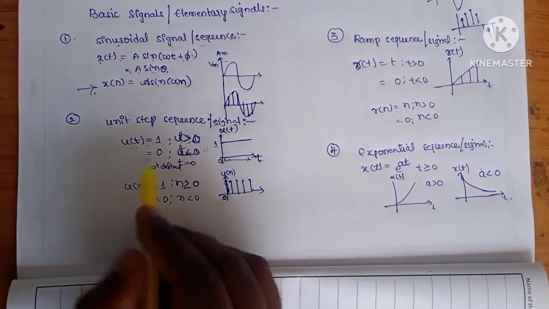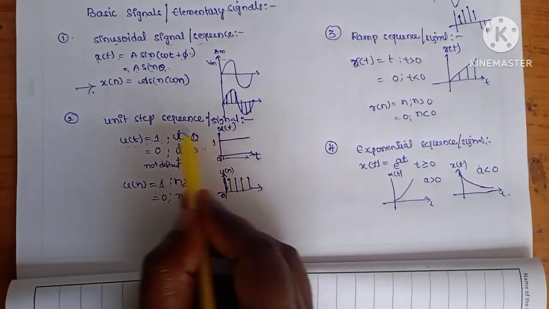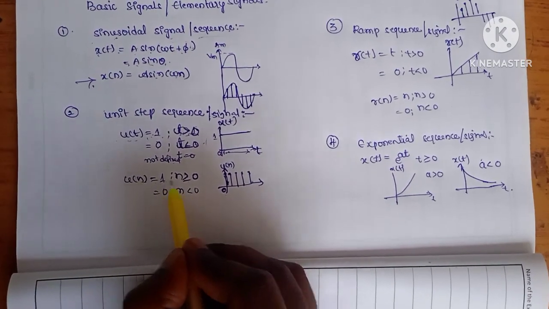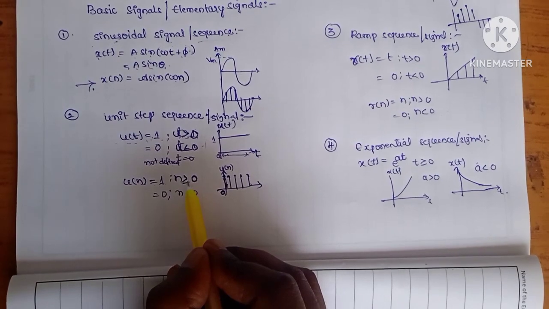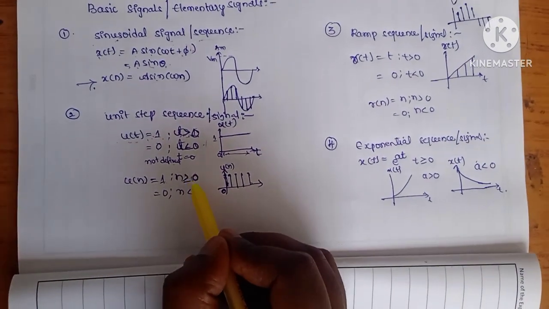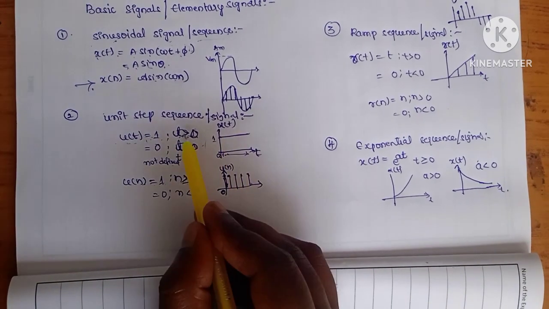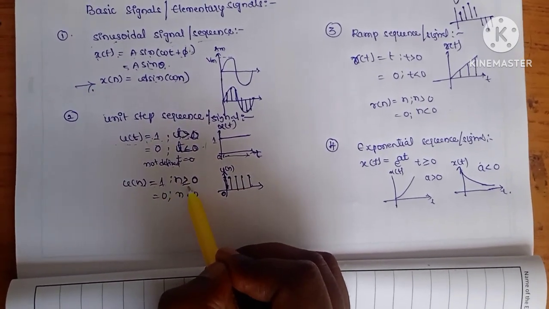So remember, u of t equals 1 when t is greater than 0 in the unit step signal, and u of n equals 1 when n is greater than or equal to 0. This is very important to remember: in the unit step signal we will not include 0, and in the unit step sequence we will include 0.